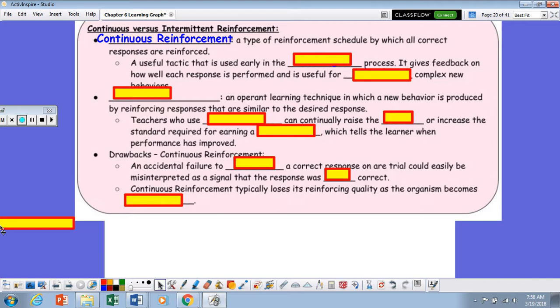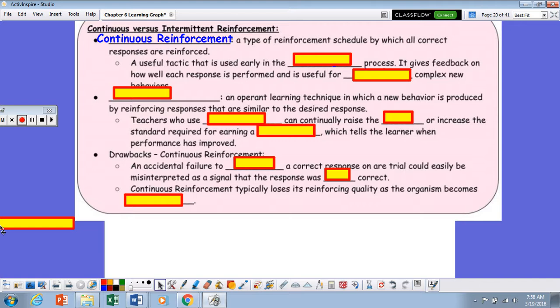So if we're trying to teach a new skill, a lot of times parents will use this when they are trying to train their toddler when it comes to potty training.